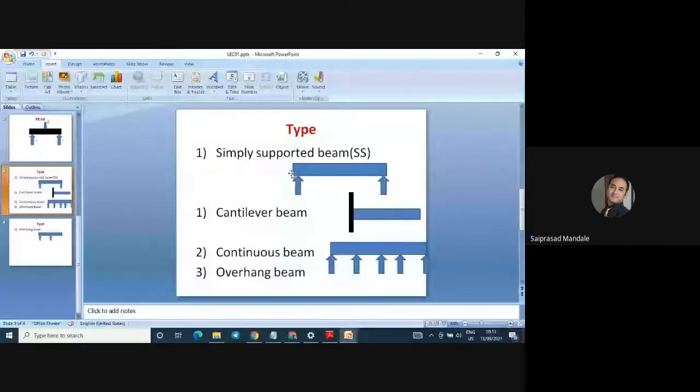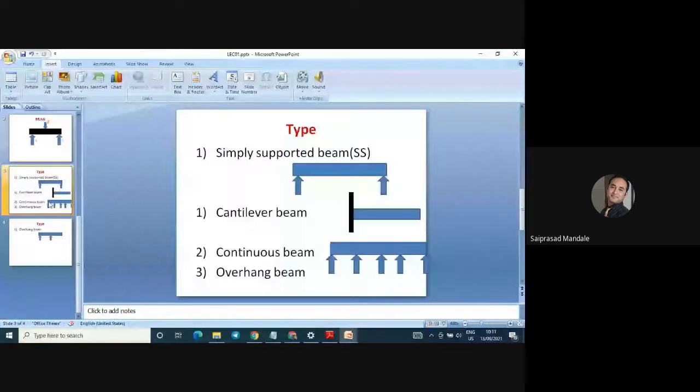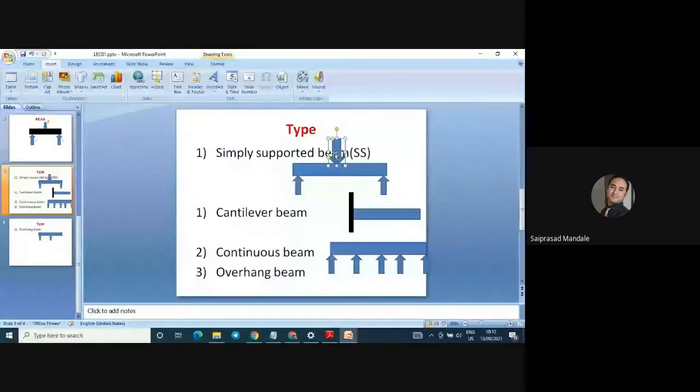Beam means it is a horizontal structural member which carries the load. So I can give the load anywhere. I can give the load here, here, and here, anywhere. It is a horizontal structural member.